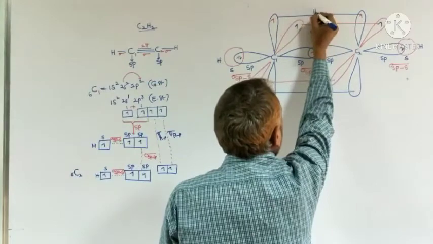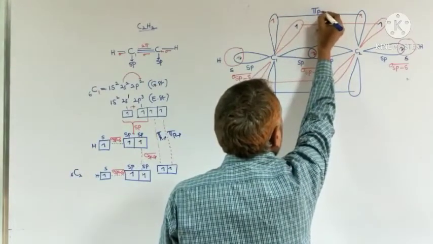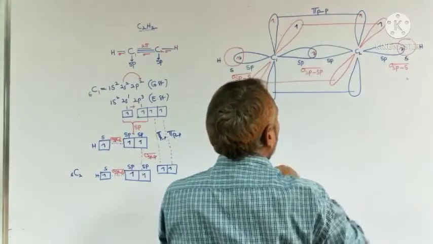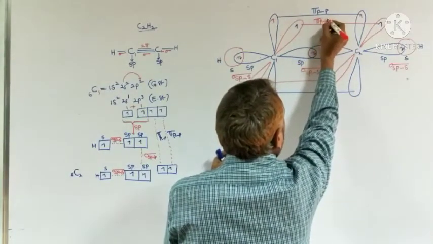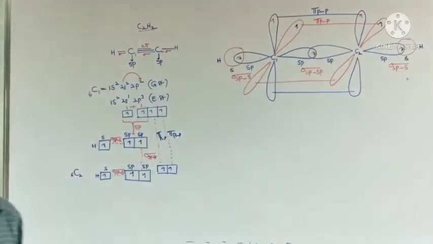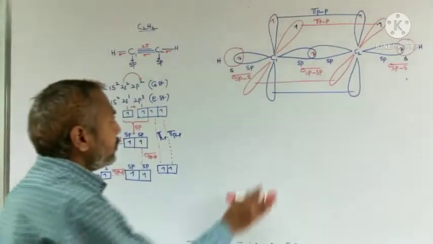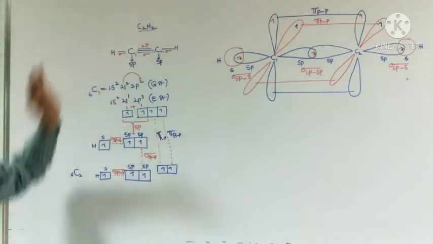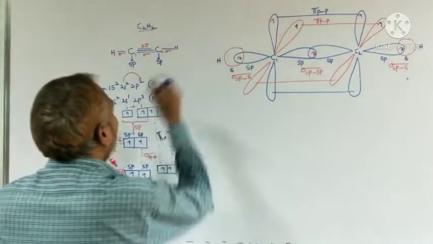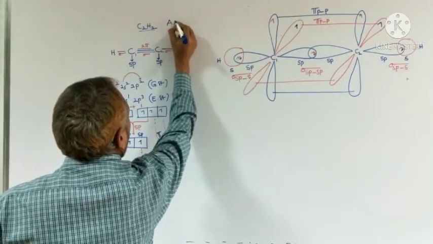Which orbitals? A p orbital overlaps with a p orbital, and the next is also a pi bond, a p orbital overlapping with a p orbital. This is the hybrid orbital representation for acetylene. What is the molecule's name? The molecule is acetylene.